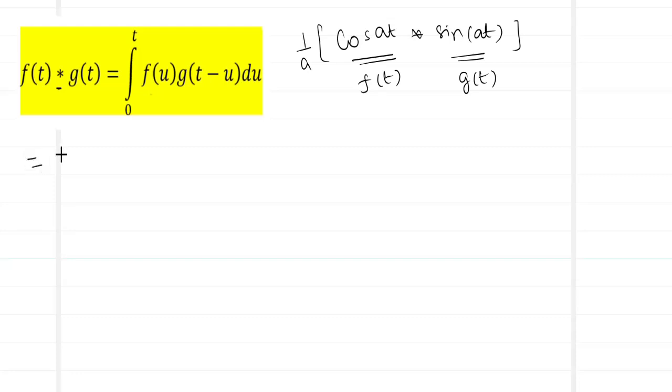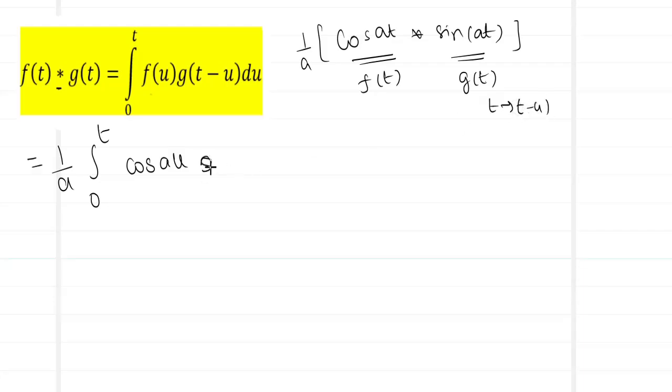So this can be rewritten as 1 by a integral from 0 to t f of t to be replaced with u. So cos at will become cos a u into g of t minus u. This is g of t. Wherever you have t, replace this t with t minus u.